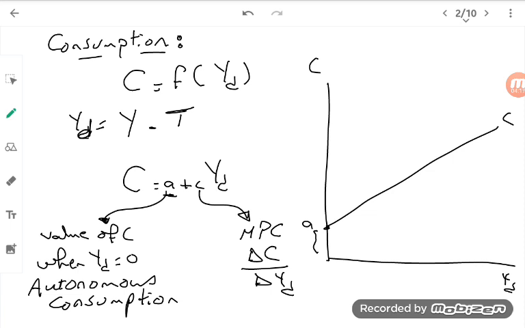If you are going to use all your income in consumption, then we are going to have something known as the income line, which is the 45-degree line. This is known as the income line.